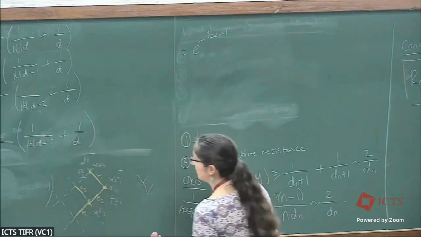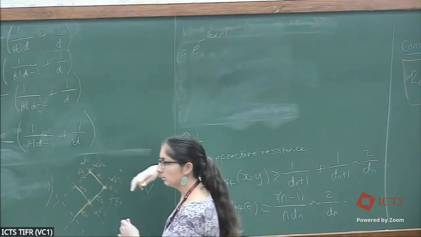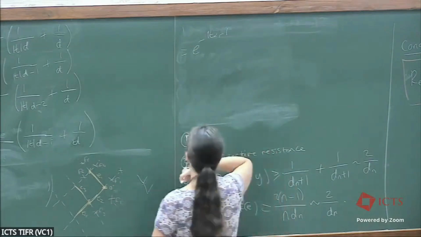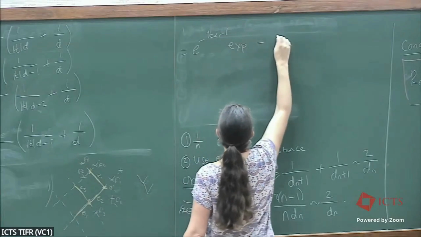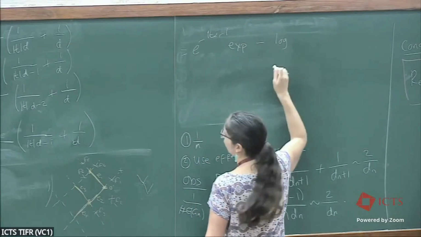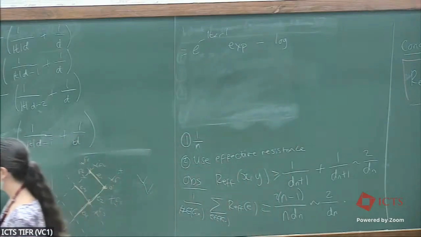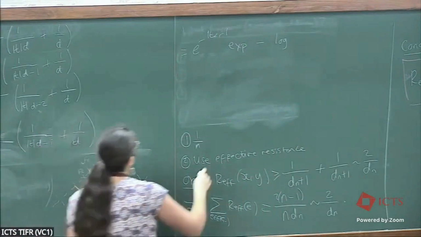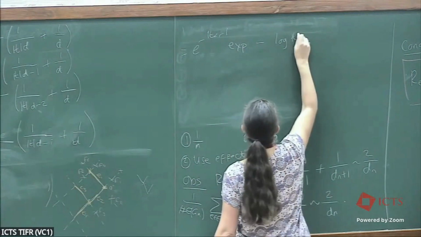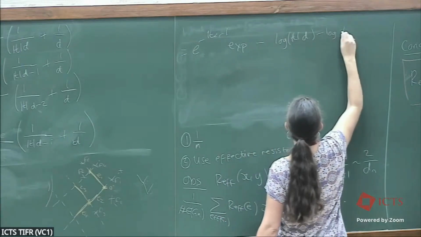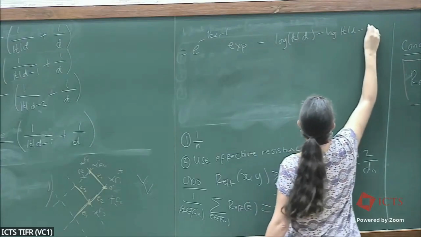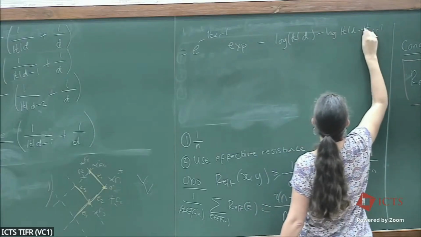And so the harmonic series is just going to be the difference of the logs between the upper point and the lower point. So I will get the exponential of minus, log of the upper point, which will be Td, minus log of Td minus T less than R d.